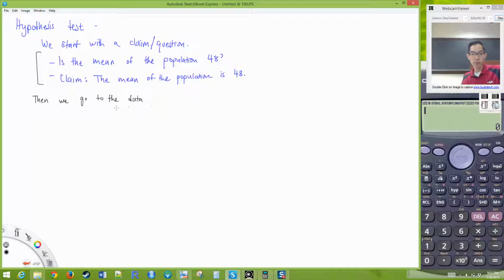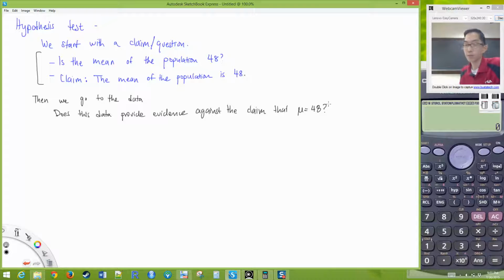We go to the data and then we ask, does this data provide evidence against the claim that mu equals 48 or something like that? Okay, so if you start off with a question, you've got to kind of turn it into a claim, and we call these claims hypotheses. So does the data provide evidence against the claim that the population mean mu is 48?